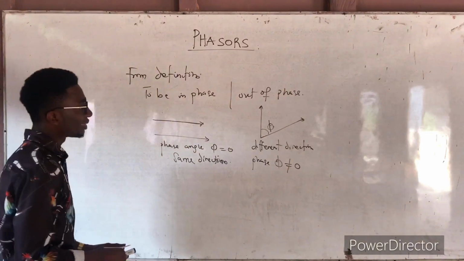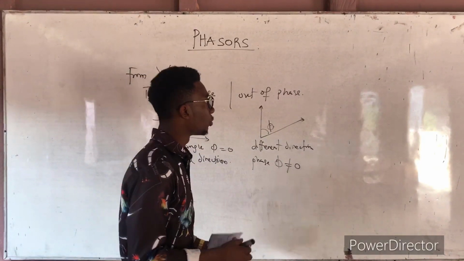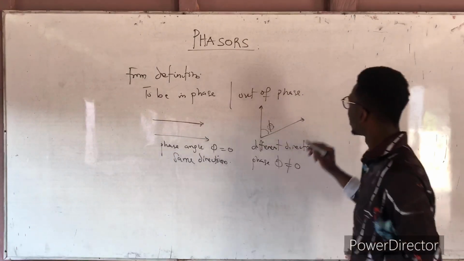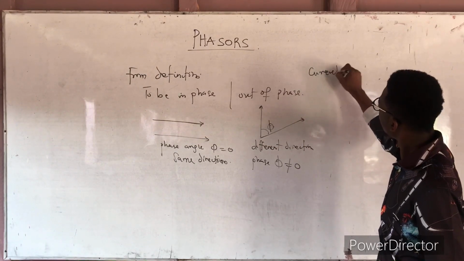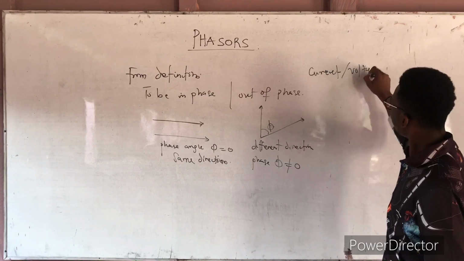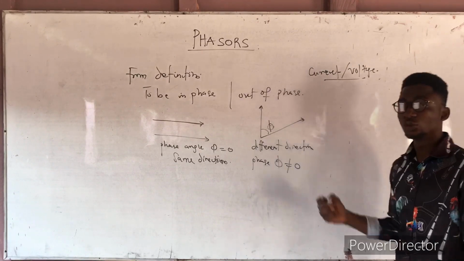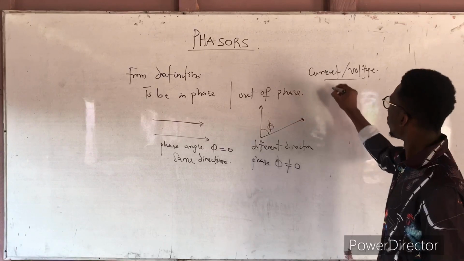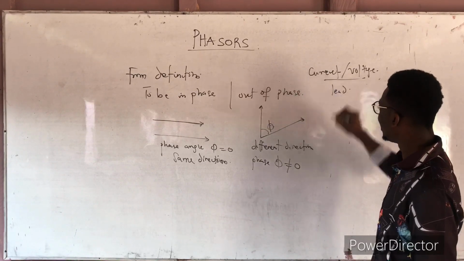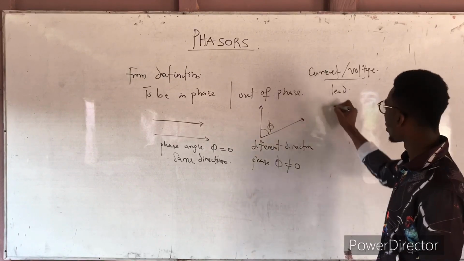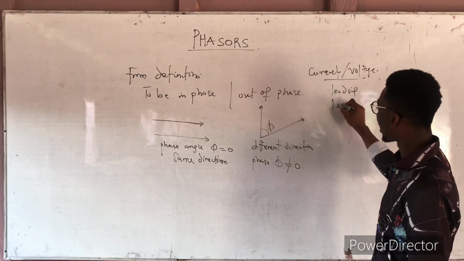So if you understand this, one other thing you are also supposed to take note of in phases is that between current and voltage. You should take note of these two things very well. Now, how do you draw the phasor diagram when it is leading, or how do you draw the phasor diagram when it is lagging?